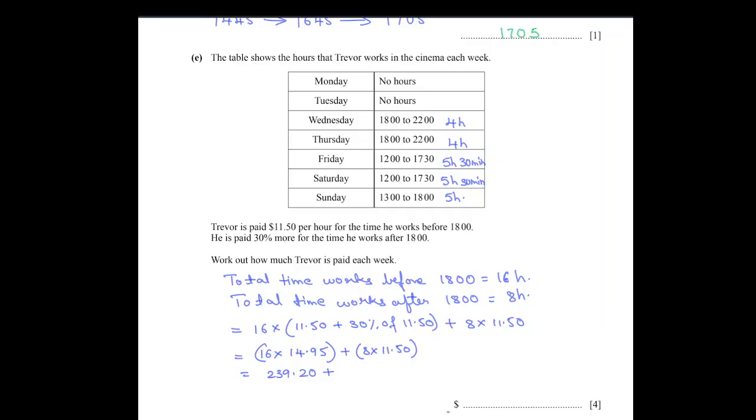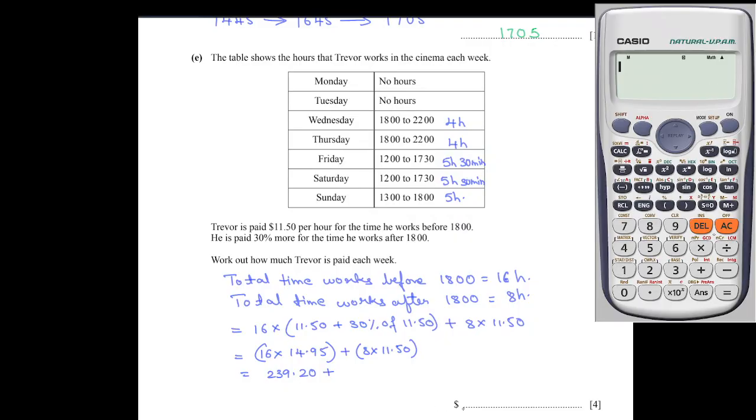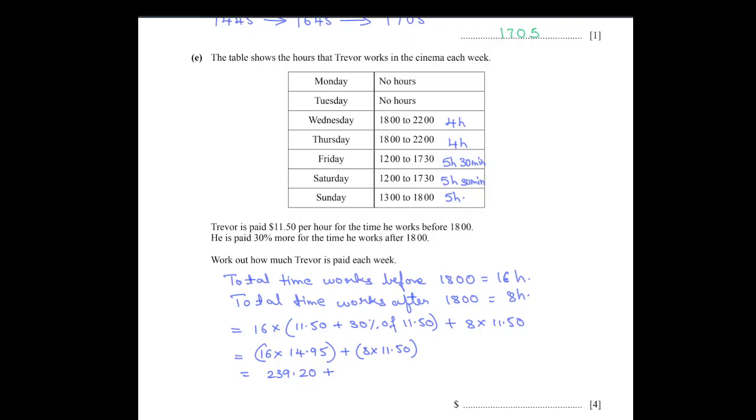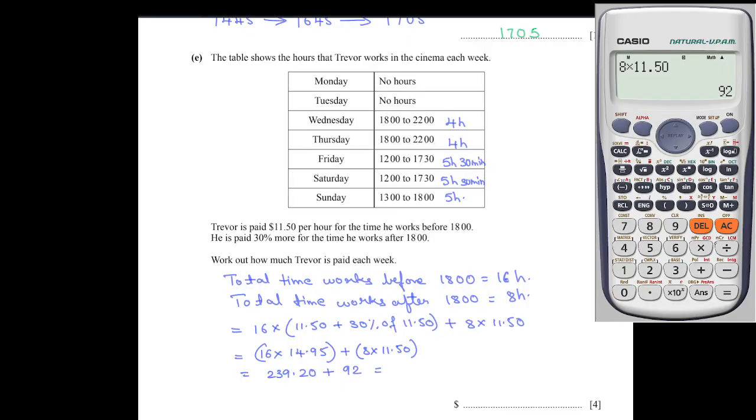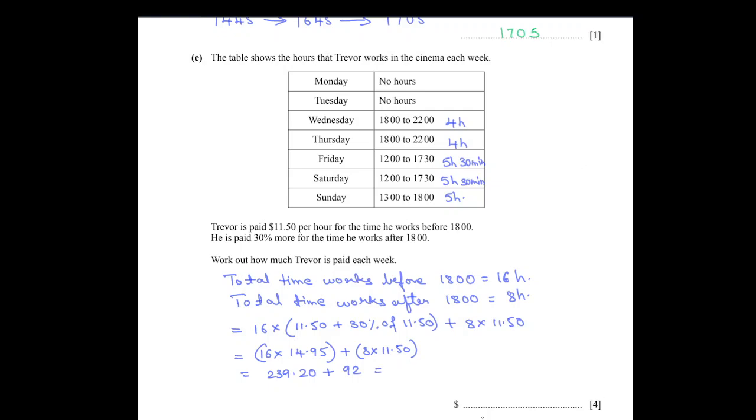Then 8 into 11.50 is equal to 92. Add 239.2 plus 92, which is equal to 331.2. Yeah, so I have done both ways, and it's coming the same, the same answer I'm getting.